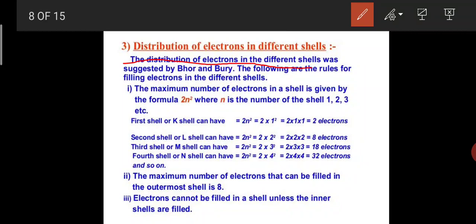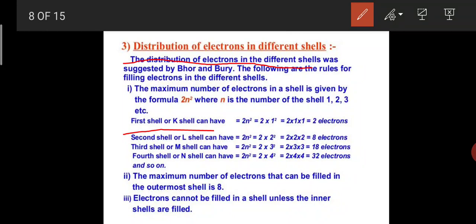Electrons start filling in the K shell, n is equal to 1, first before going into the L and M shells.